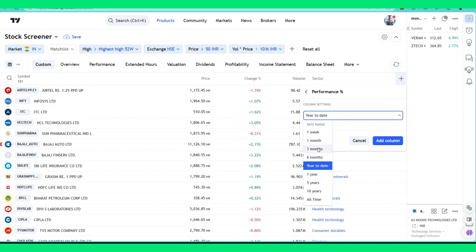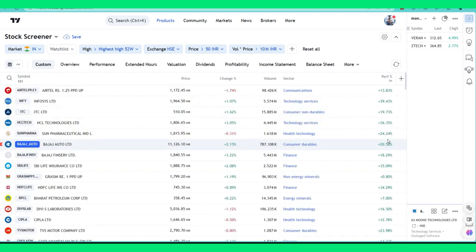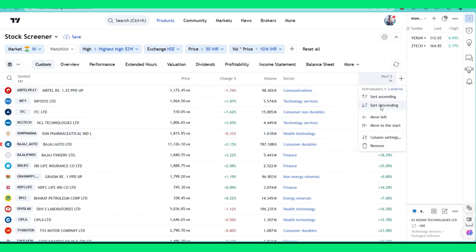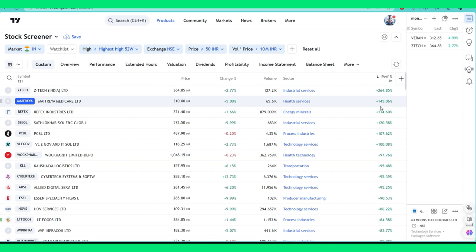I use the 3-month performance, and depending on your trading style, you can play with it and find what suits best. So now I do sort descending, right? So I have now 121 stocks which have made a new high today, of which this stock, for example, has given 264% return in the 3 months.